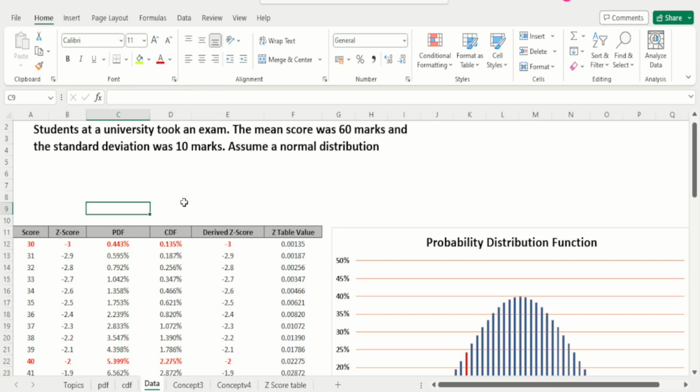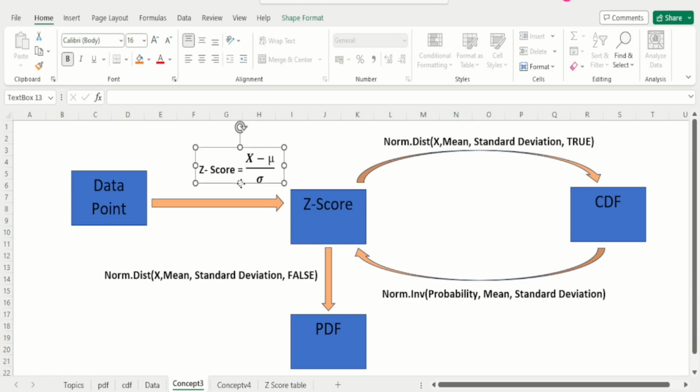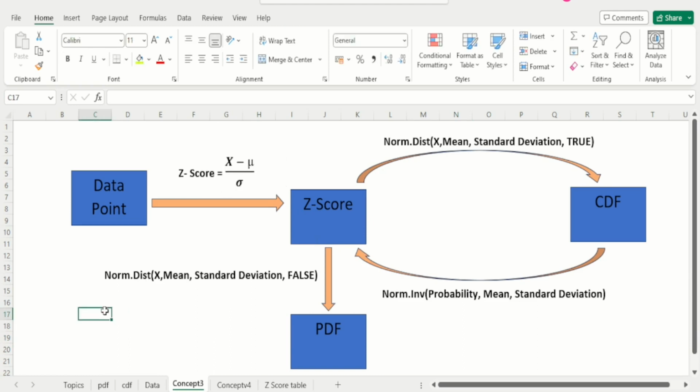So now let's rewind and understand what we've just looked at. What you were seeing on the columns is that we started off with a given data point. From that data point, we arrived at a z-score. If you want to use a manual formula, remember this is the z-score formula mentioned here.